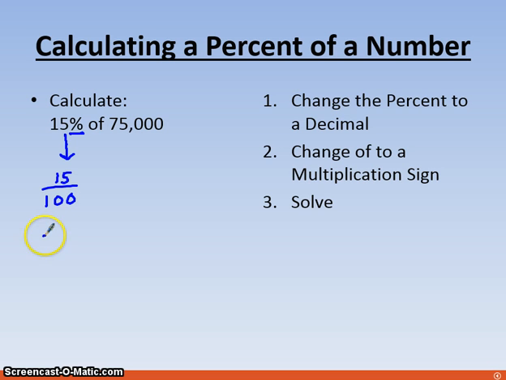If we want to write that as a decimal, we know that the hundredths column is 2 digits over, so we need 15 written in the hundredths column. So we have 0.15. Second step, we know that of indicates multiplication. So we're going to multiply that by 75,000.